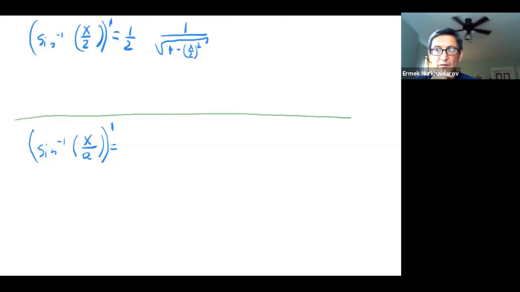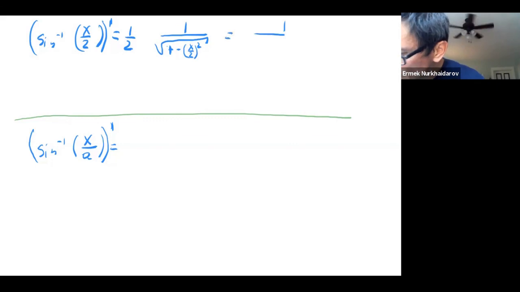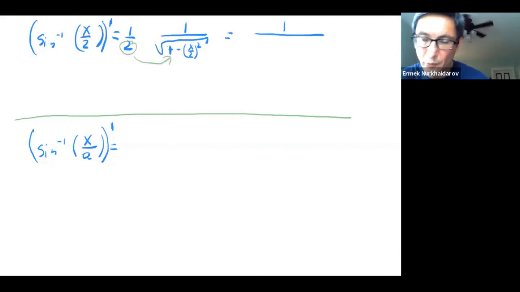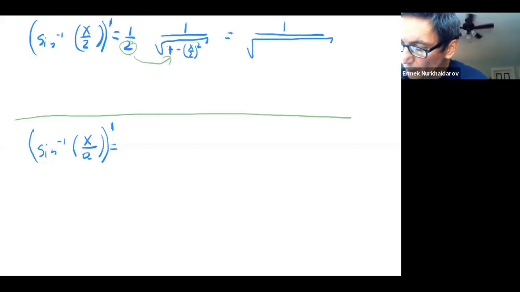Essentially, we're done with derivatives, but we want to use some algebra to simplify that expression. What we'll do, we're going to take this 2 and bring it inside of the square root. If we bring it inside of the square root, it becomes 4, and we're going to multiply it by 1 minus x over 2 squared, which is x squared over 4.